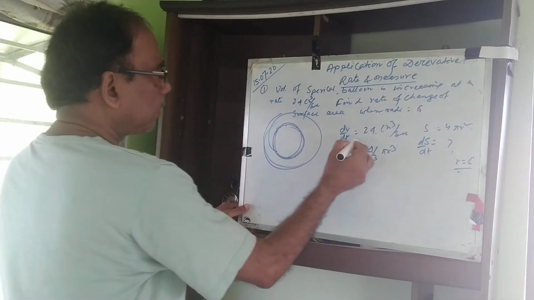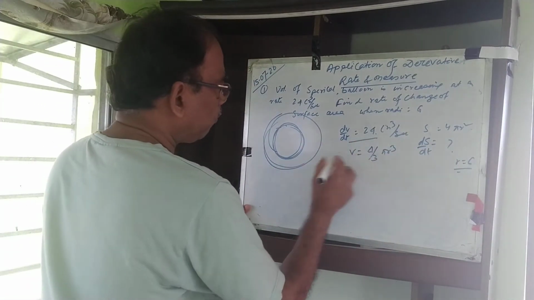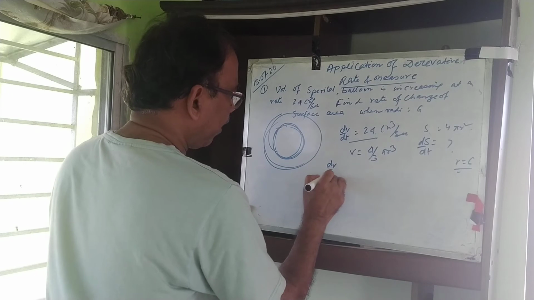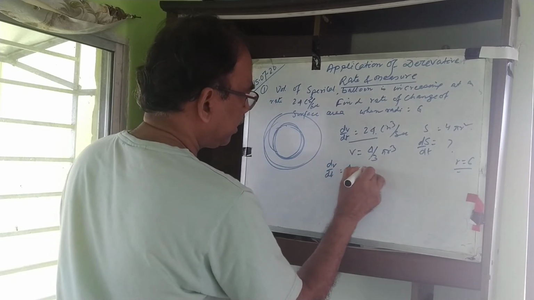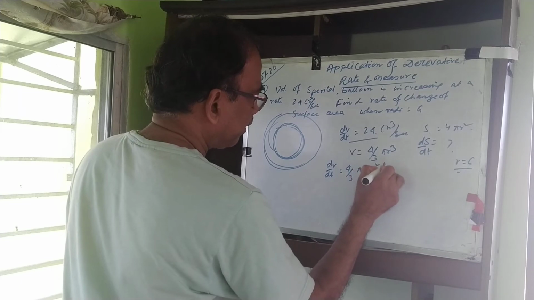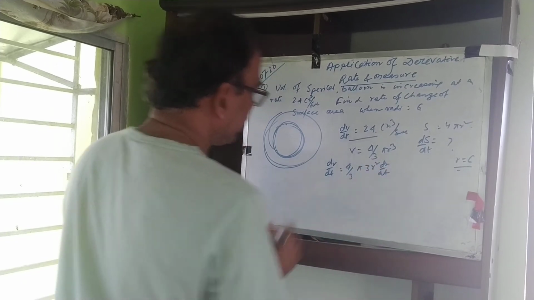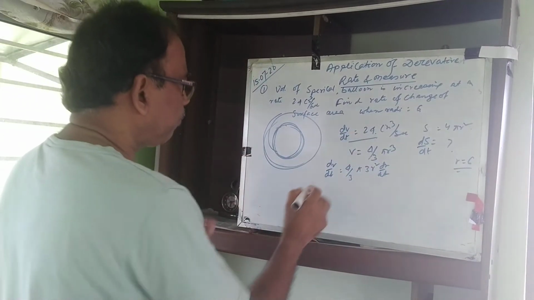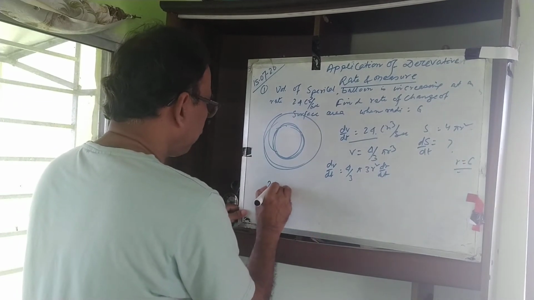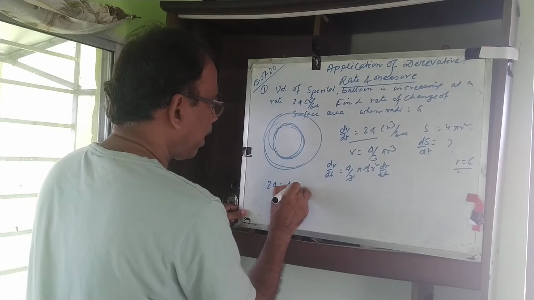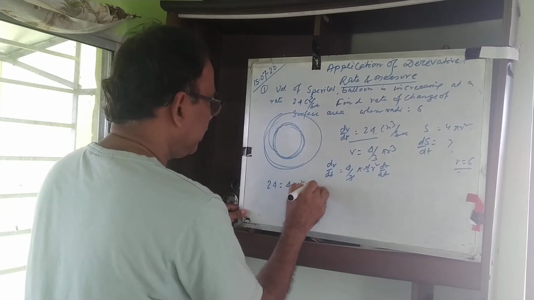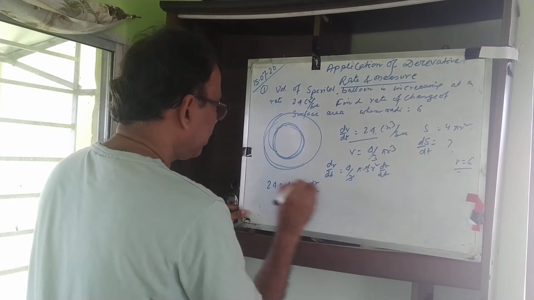First of all, the volume is given, so dV by dt equals 4 by 3 pi times 3 r square dr by dt. dV by dt is 24, so 24 equals 4 pi r square dr by dt.